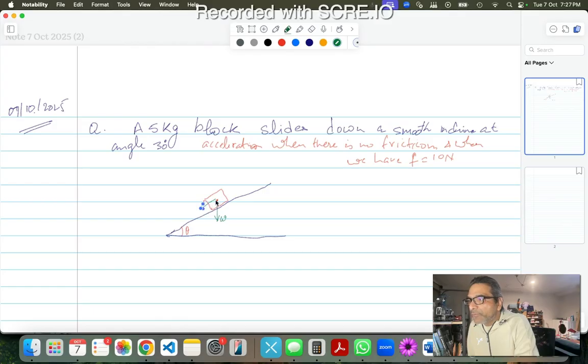And then we have some components which act on behalf of the weight: one is perpendicular to the slope, and one is parallel to it.